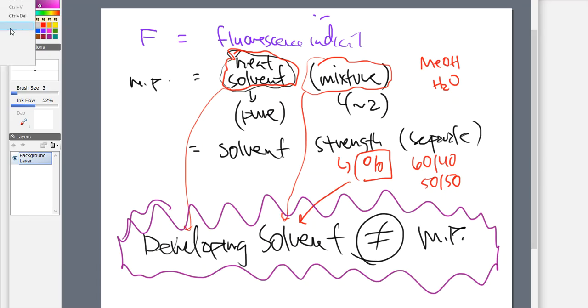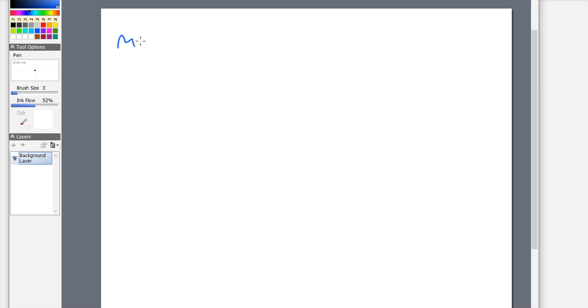And the reason is because the mobile phase is the stuff, and I'm going to put this in quotes, that travels through the stationary phase. That's the mobile phase.